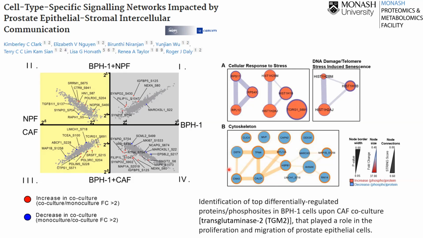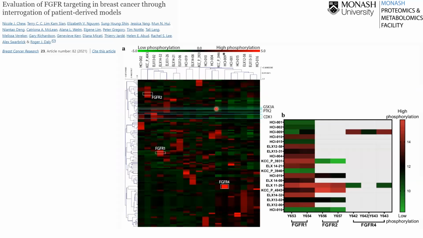So in this other example, which is a simpler experiment in terms of experimental design, we can apply phosphoproteomics for stratification of cancer types. And in that case, it's breast cancer.